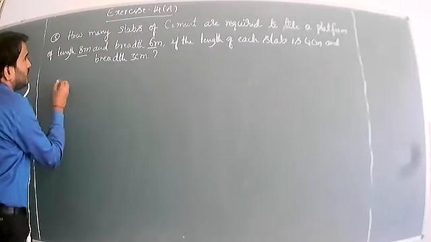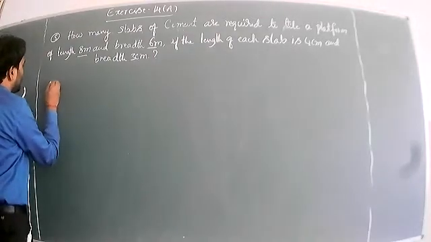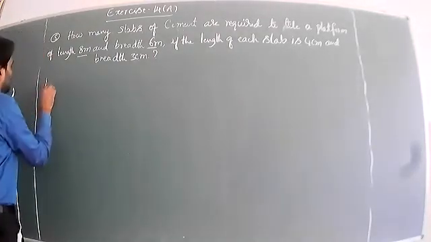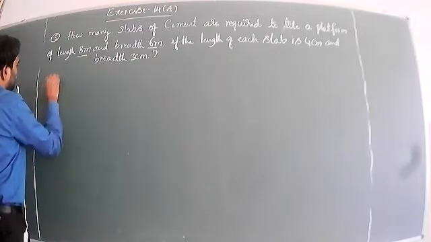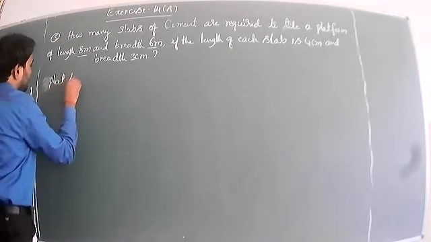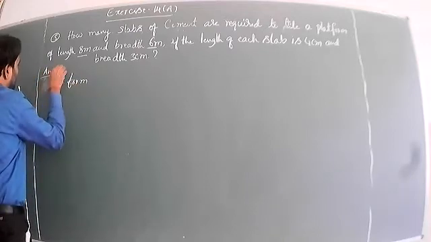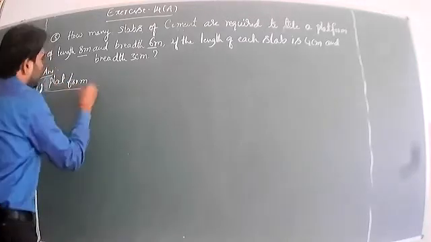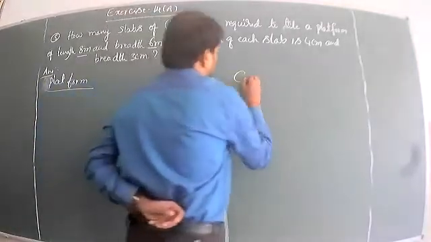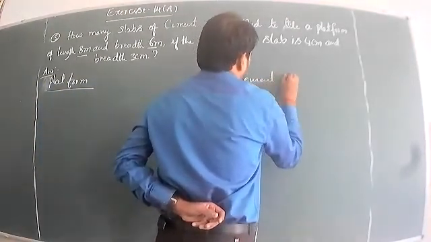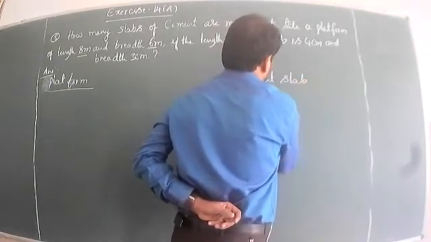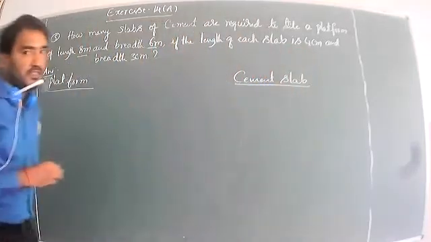So first, the area of the platform, then the cement slab, then both the cement slab and platform.